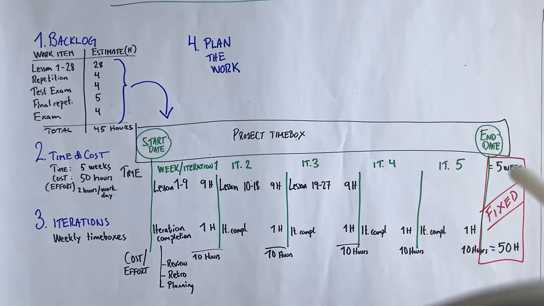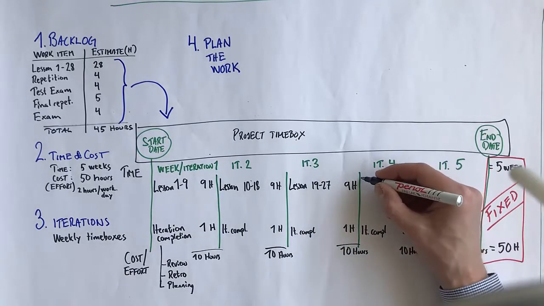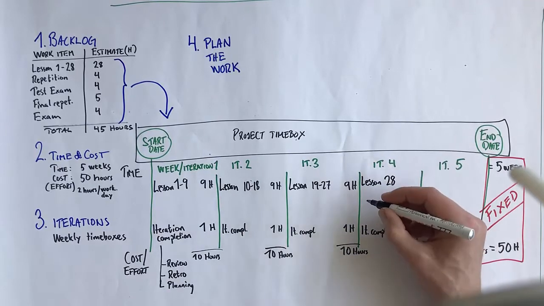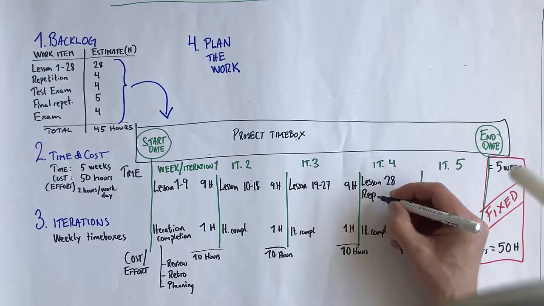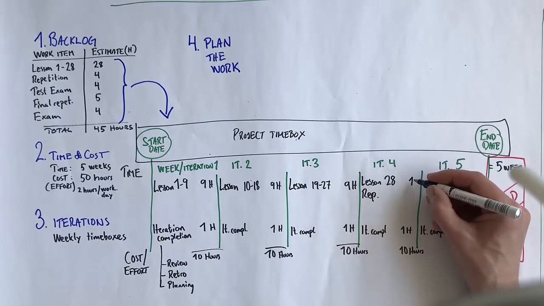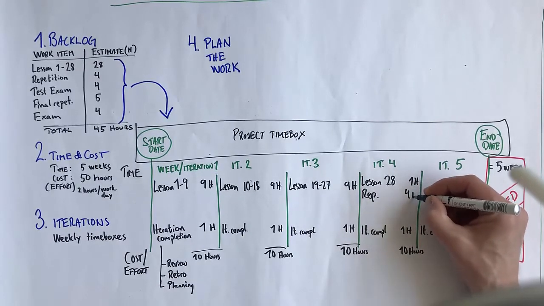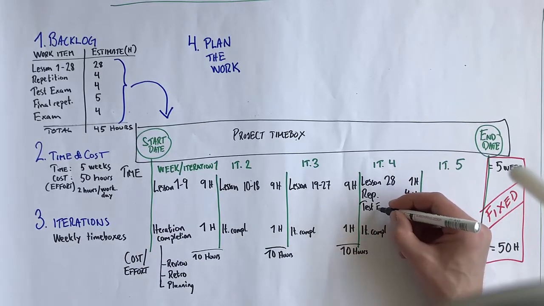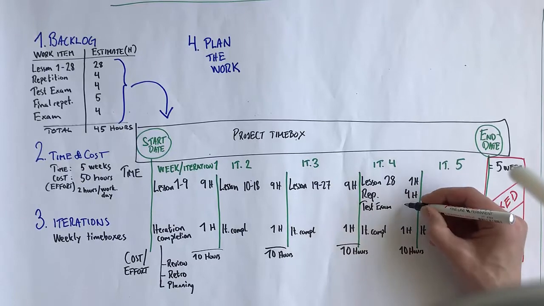I wouldn't worry too much about that, because after the first iteration, we're going to know how long we take to finish one e-learning lesson. And even though 1 hour is our rule of thumb for how long an e-learning lesson takes, I can almost guarantee you that for you it will not take 1 hour. It may take 45 minutes, it may take 1 hour and 10. For some people it takes half an hour.